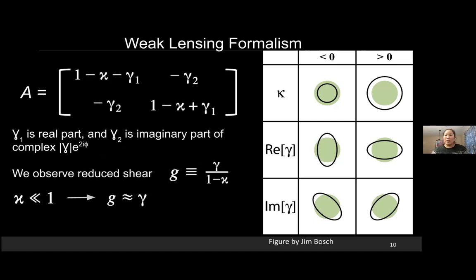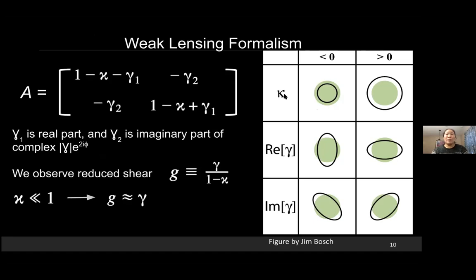Before we go to the other two parts here, if we look at this diagram on the right, this was made by a grad school classmate of mine, Jim Bosch. You can see what the impact is on something that was originally circular. The original source is shown as this green shaded circle in each of these cases. So the green is the same in all of these. That's the original source image.